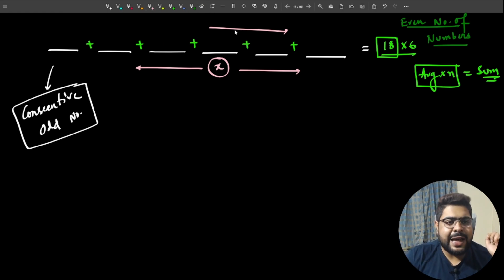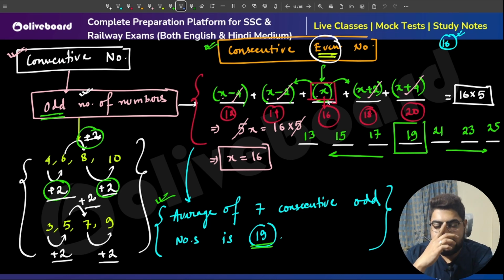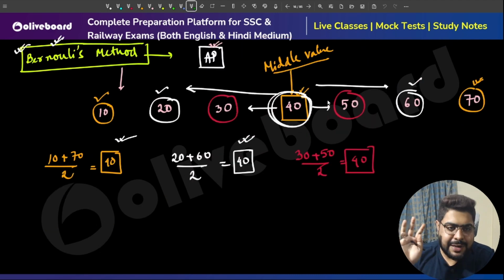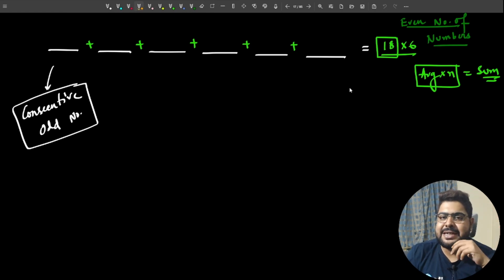Now, generally what happens, whenever I've seen students, they go for the method where the middle value is taken as x. But when they see that the number of numbers is even, they're like, no sir, let's not take any chances. But again, I'm saying you can do the same thing over there. Bernoulli was a brilliant mathematician.